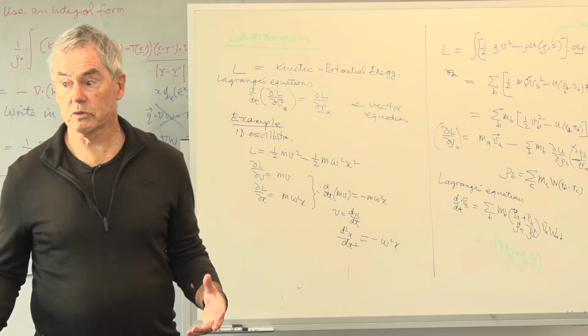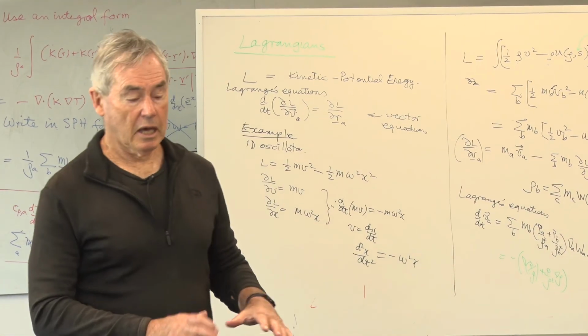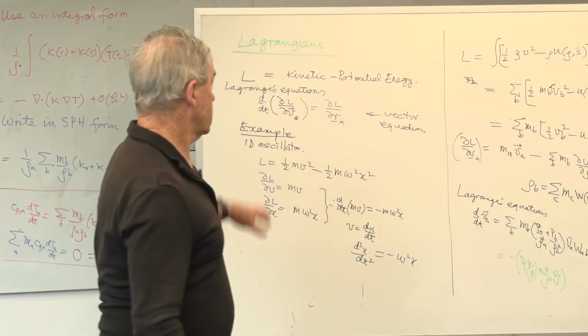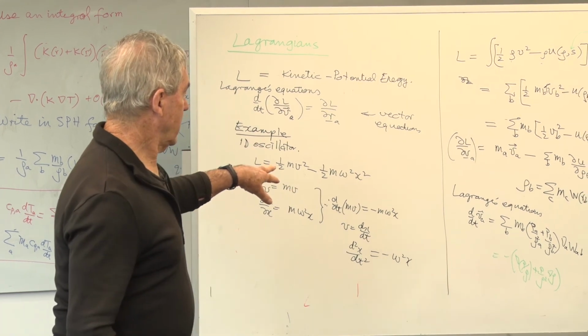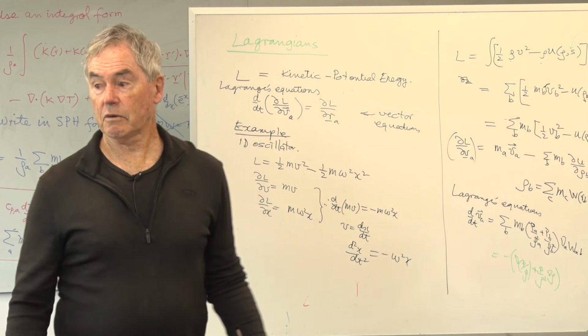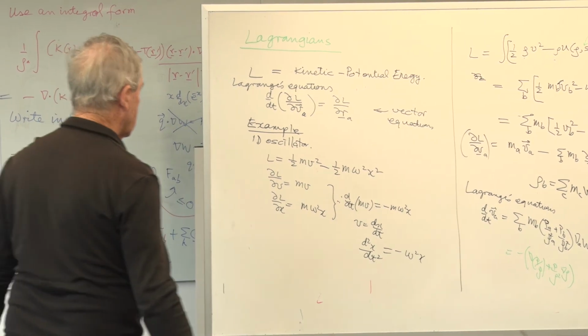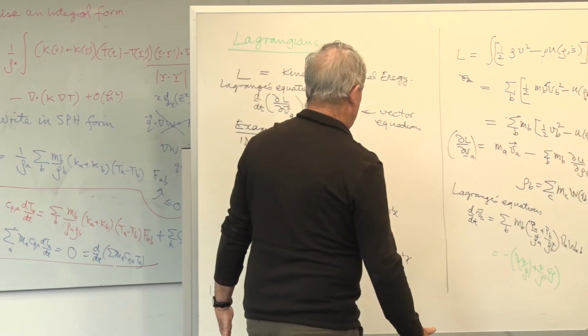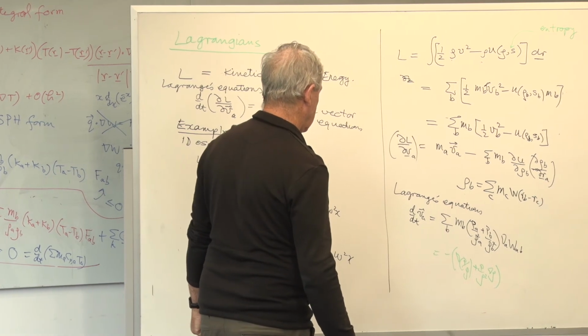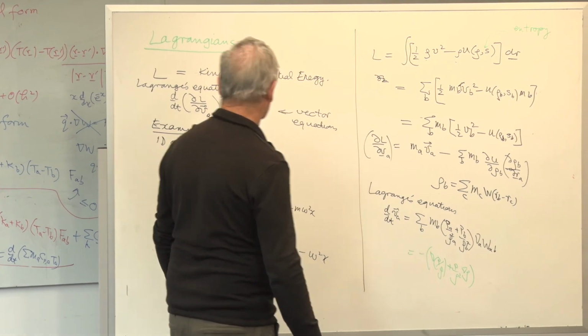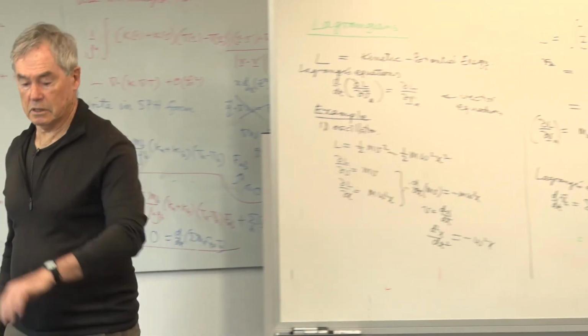That's some other terms which will come into the equations. And you write it down, and then you just take the derivatives, and if you don't make a mistake, you will get the equations, all the vector equations. So it really is, I think, a good thing. And there are some other things which you can also derive.